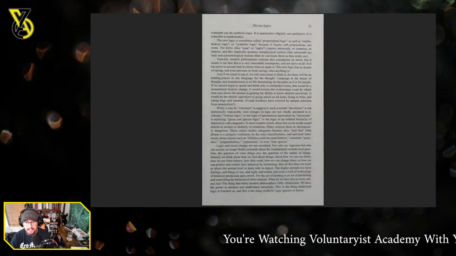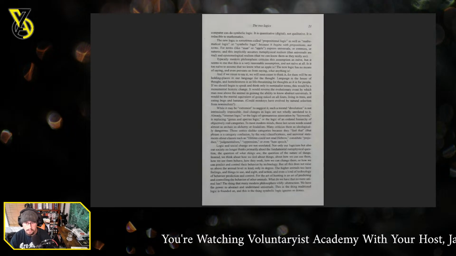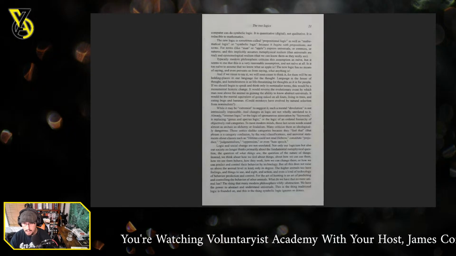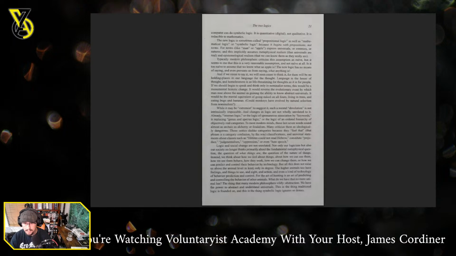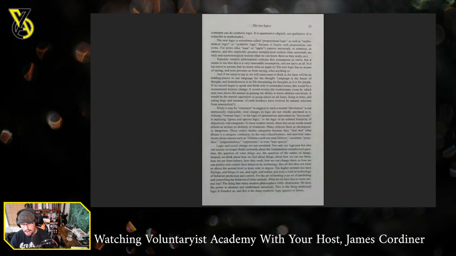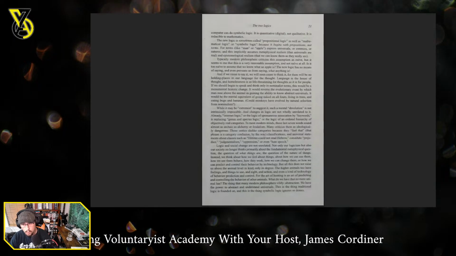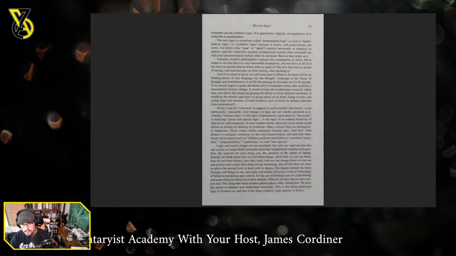If we should begin to speak and think only in nominalist terms, this would be a monumental historic change. It would reverse the evolutionary events by which man rose above the animal in gaining the ability to know abstract universals. It would be the mental equivalent of going naked on all fours, living in trees, and eating bugs and bananas.